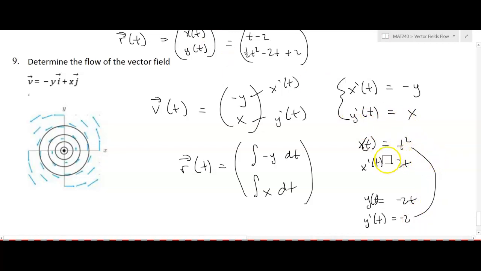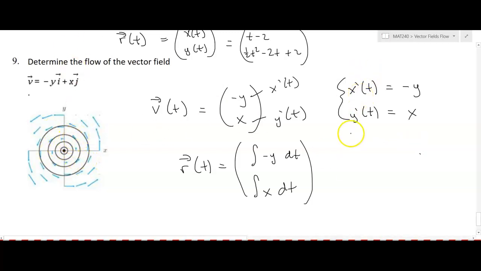So I do know of a function that will cause one function to be the other function's derivative and vice versa, and that is, well, when I use sine and cosine. For example, if y of t is equal to sine t and x of t is equal to cosine of t, I can check to see that the x prime of t is equal to negative sine of t.